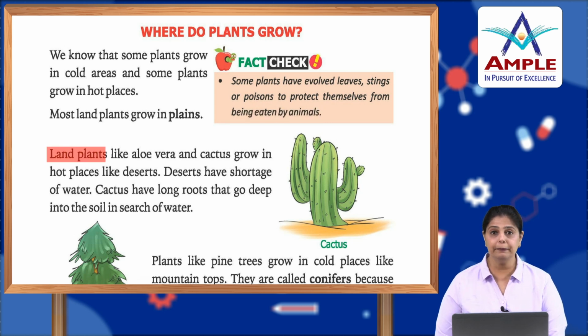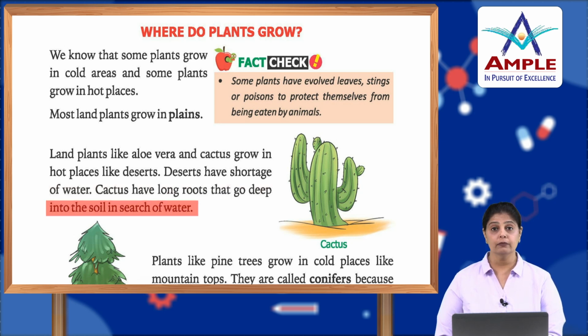Now, land plants like aloe vera and cactus grow in hot places like deserts. Deserts have a shortage of water. Cactus have long roots that go deep into the soil in search of water. So, plants like cactus and aloe vera, you will generally find them in the desert areas.